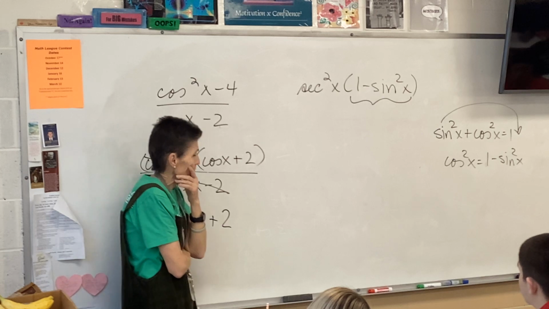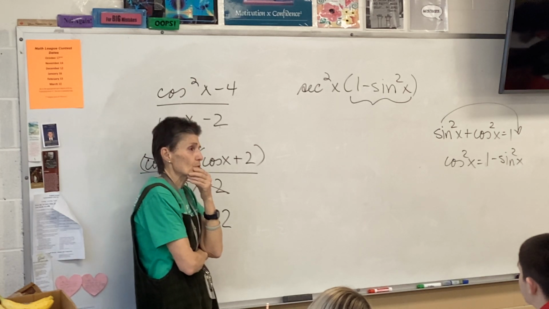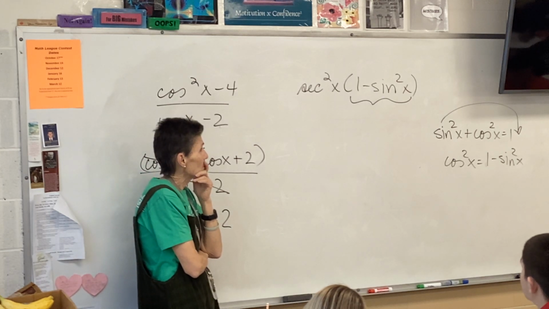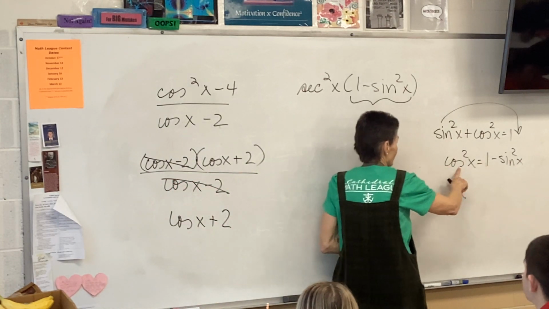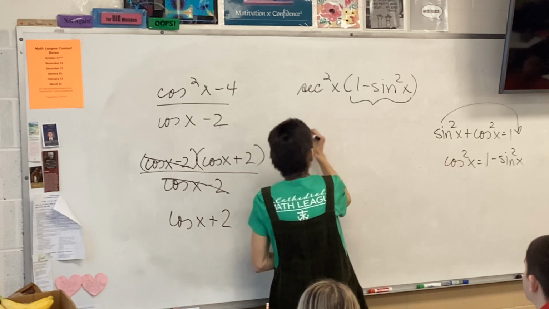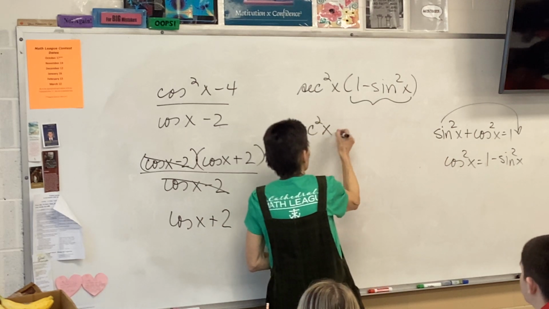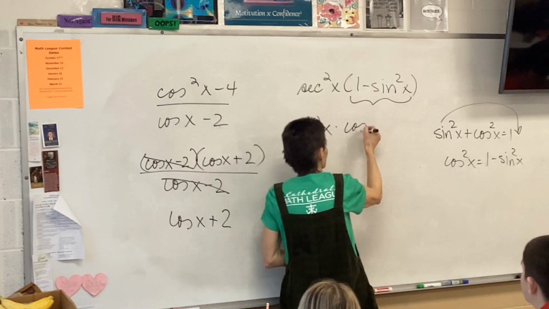So 1 minus sine squared is equal to what? Cosine squared. So I can change this into cosine squared.